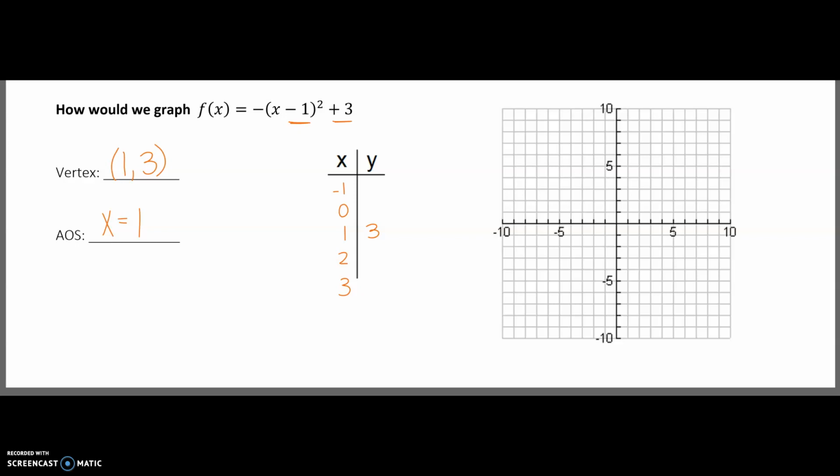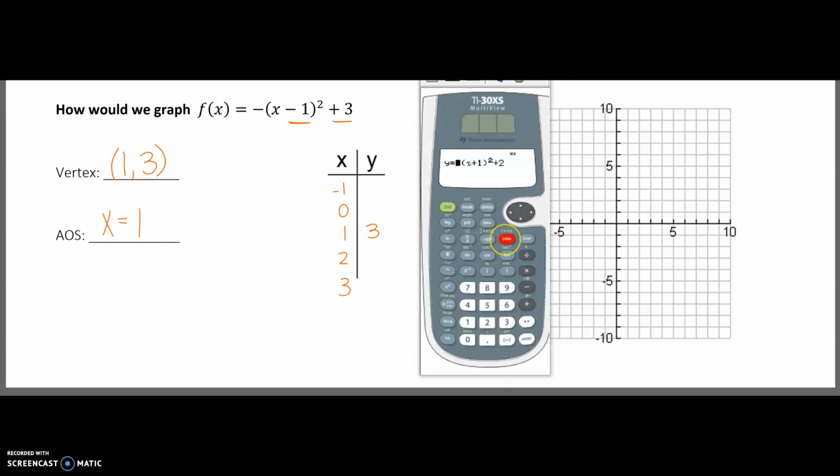And now we go to our calculator to find the rest of our values. So we click Table, and we do negative parentheses x minus 1 squared plus 3. Press Enter, and then we look at our table to see where we need to start, and the smallest x value here is -1. So we'll start at -1, step by ones, keep it on auto, and OK.